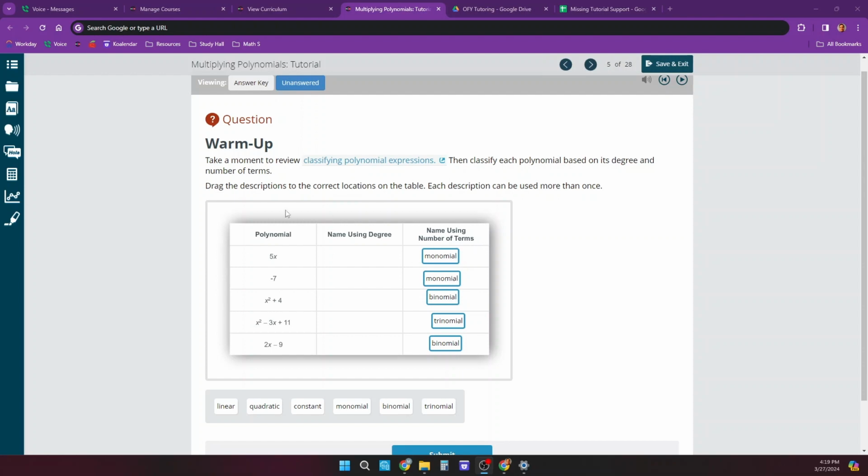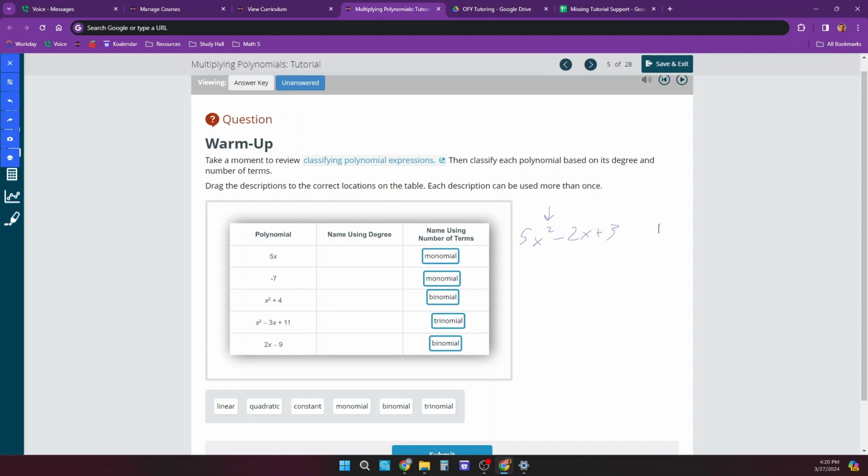So now let's go ahead and explore what it means to name a polynomial using degrees. Just as a reminder, the degree of a polynomial is defined as the largest power of a polynomial. So if we had, say, 5x to the second power minus 2x plus 3, our degree would be 2, because 2 is the biggest power of this polynomial.